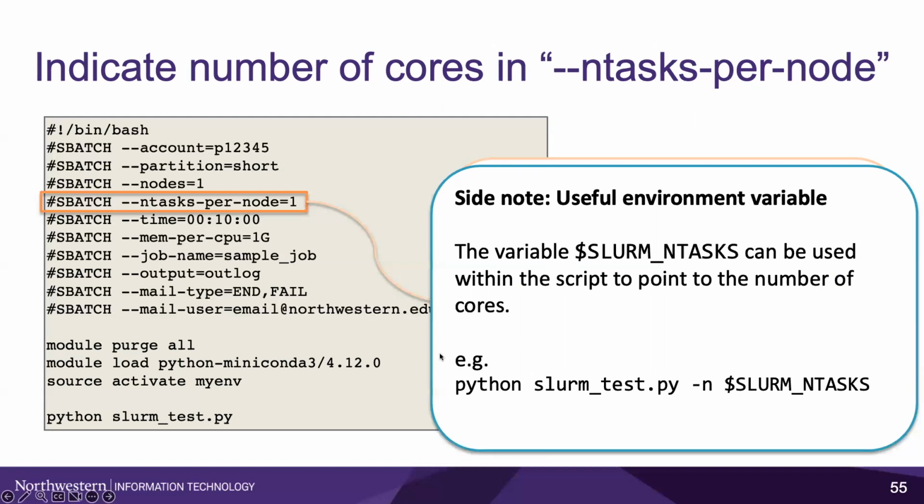So let's say for the Python script that I'm running at the bottom of the script here, if I wanted to plug in the number of cores that are allocated for this job, I can call that number by using this environment variable. So this is just a quick tip in case you want to have that built-in function.